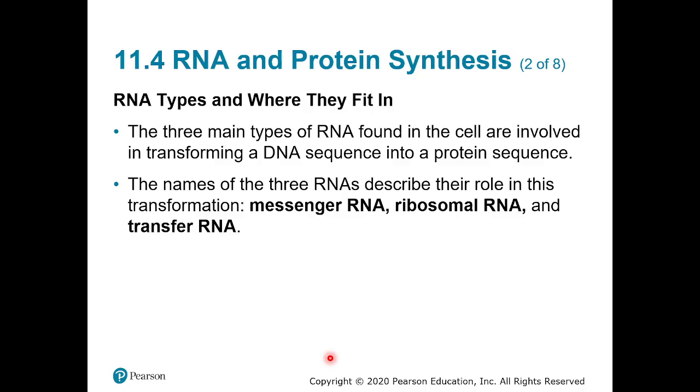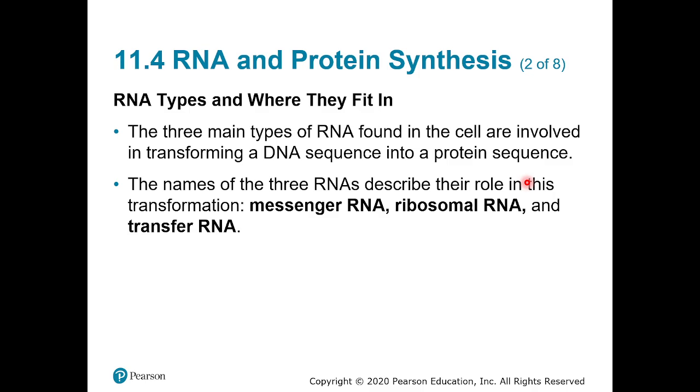So let's talk about some RNA types and where they fit in. You have 3 main types of RNA that are going to be found in your cells, transforming your DNA sequences into protein sequences. I'm going to mostly refer to this as the normal process. So we're going to go from DNA to RNA to protein.